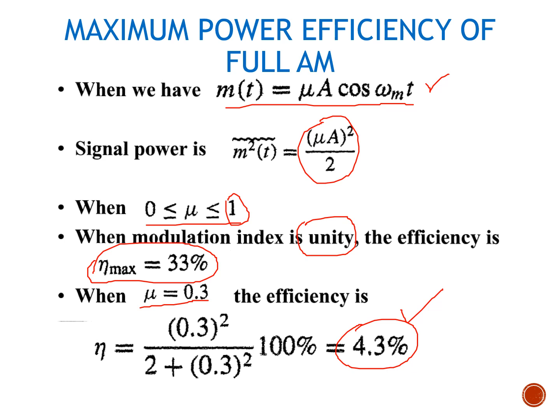Then we saw another technique: if we don't want to generate the local oscillator at the receiver, we can transmit a full AM signal, where the transmitter transmits the carrier along with the double sideband signal. After that, we saw some characteristics of the full AM signal such as efficiency. So this basically is the complete discussion. If you have any questions, feel free to ask in the comment section.